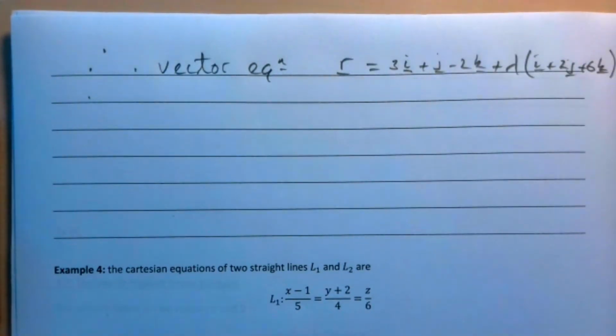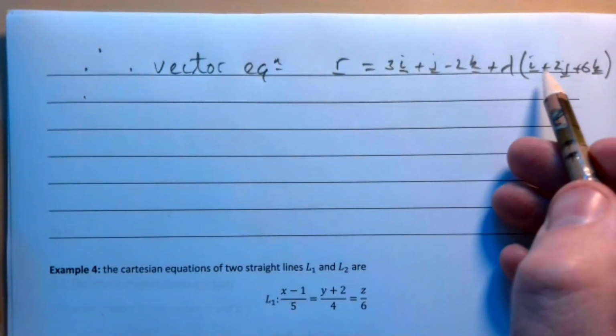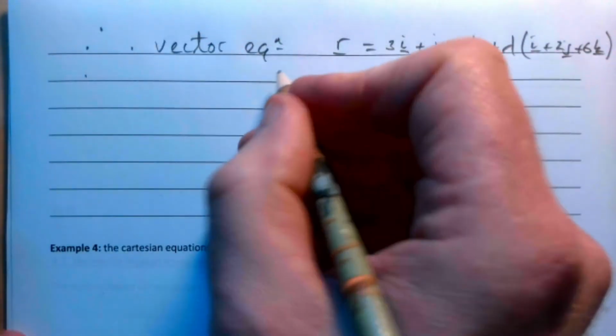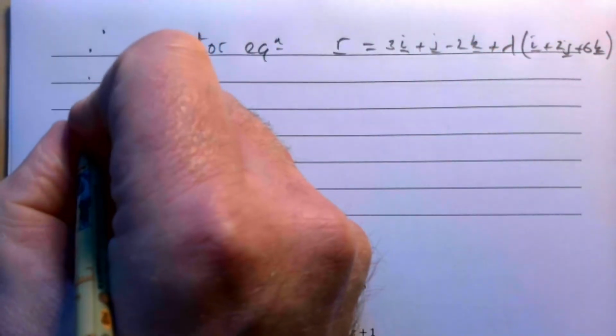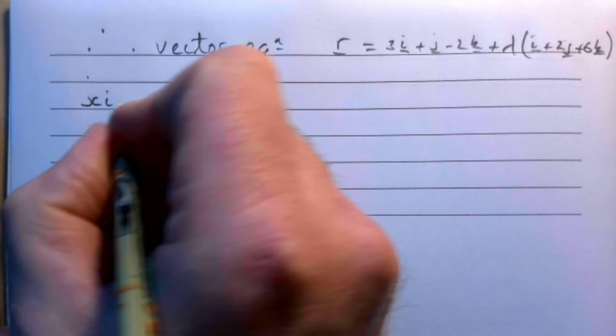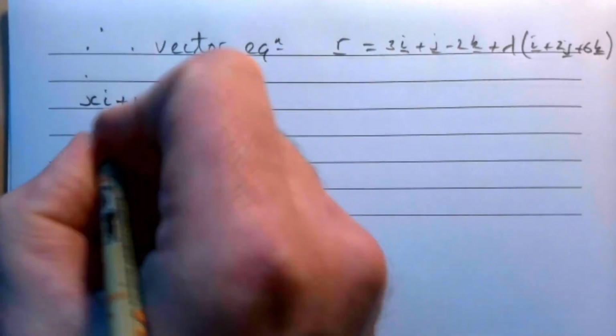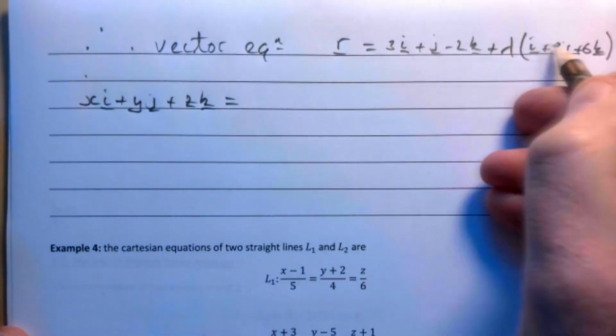And just exactly like my example 1, I'm going to rewrite this and rearrange it then and get it in the right form. So if I write xi plus yj plus zk, I'm trying to rearrange this one.